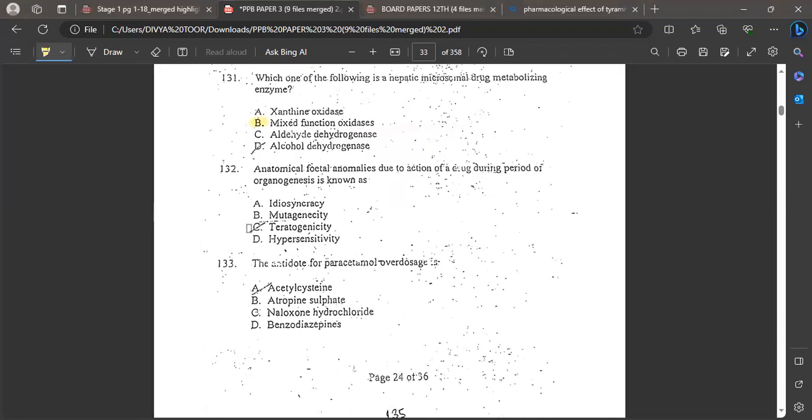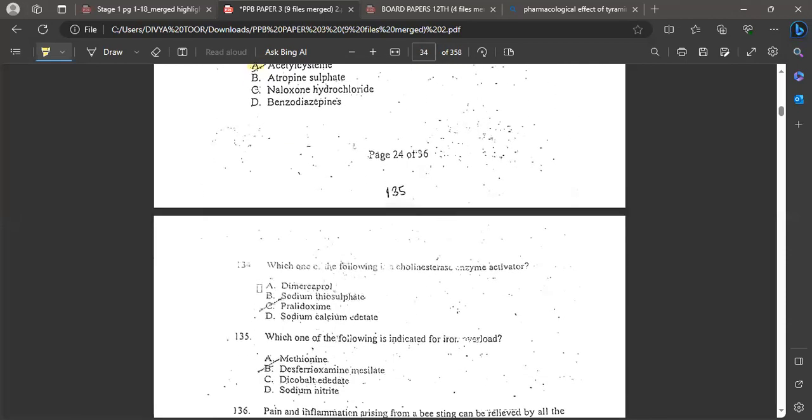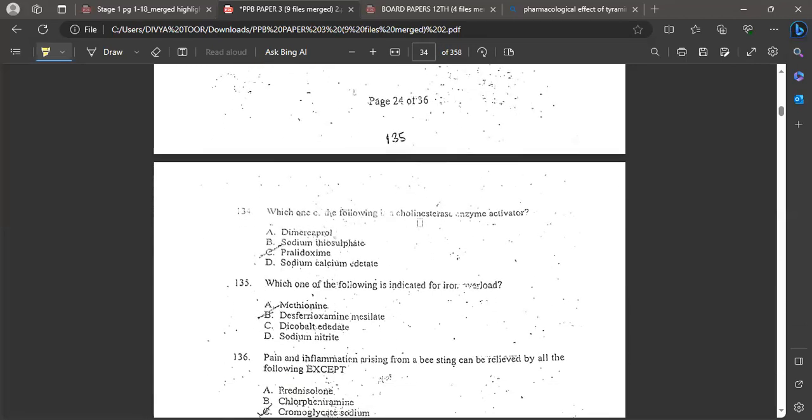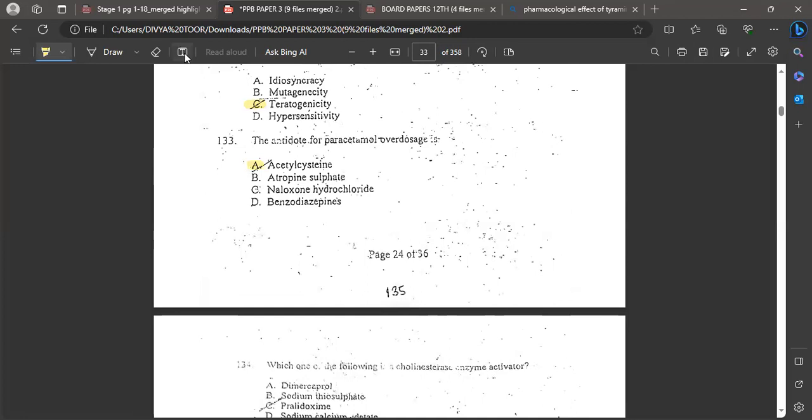Anatomical fetal anomalies due to action of a drug during the period of organogenesis is known as teratogenicity. The antidote of paracetamol overdose is that one, yeah. I'll picture the answers and then you also get the other antidotes, like for these choices, just revision.